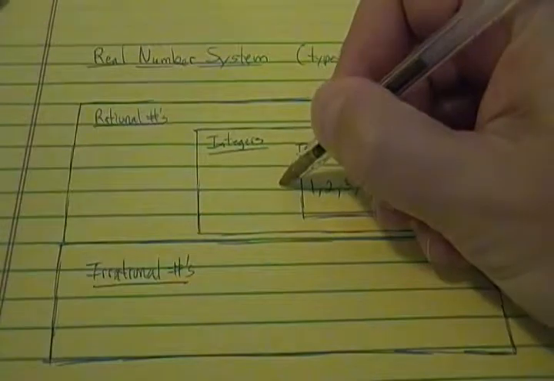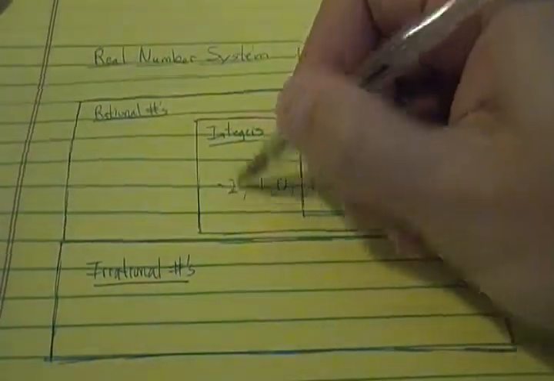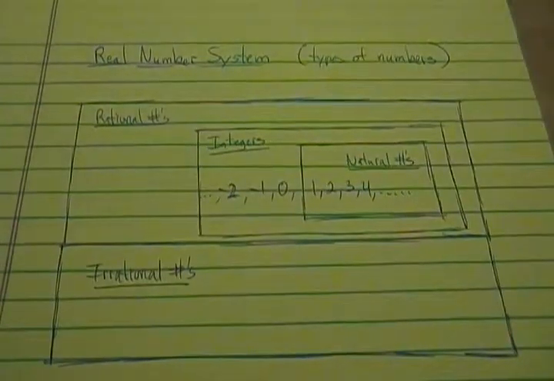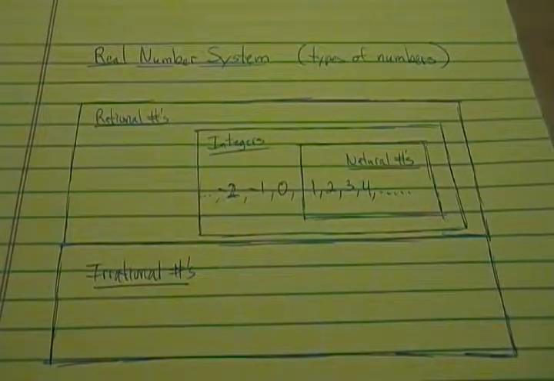So for integers, we add in the number 0, and then also the negatives, -1, -2, and so on. All those numbers are the integers, basically the positive and negative whole numbers, and then also 0 thrown into the mix.